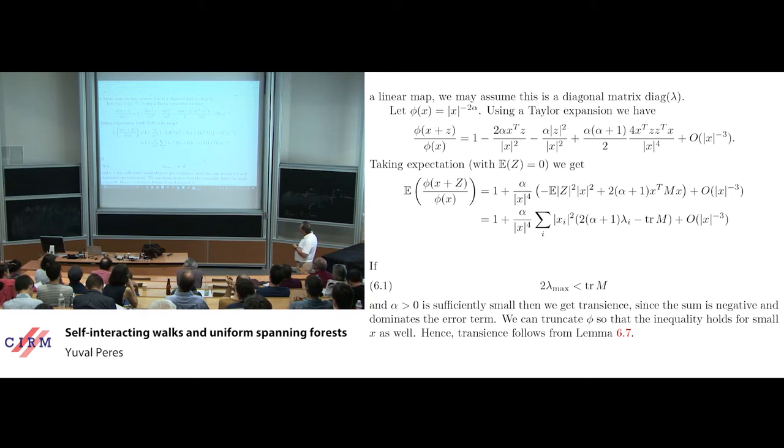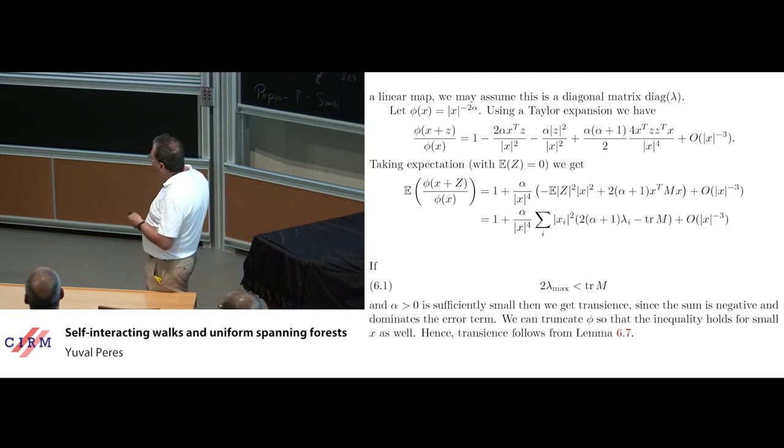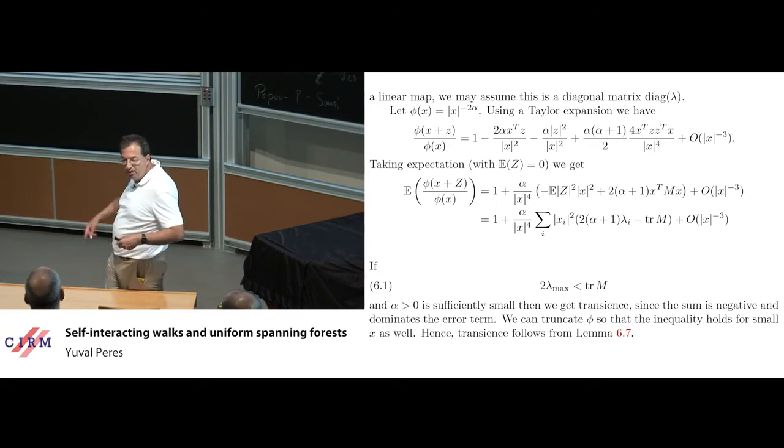And if the trace of M is bigger than twice the largest eigenvalue, then this expression will be strictly negative. So what it means is, under this assumption, this Lyapunov function will yield a supermartingale. So the expectation is going down.